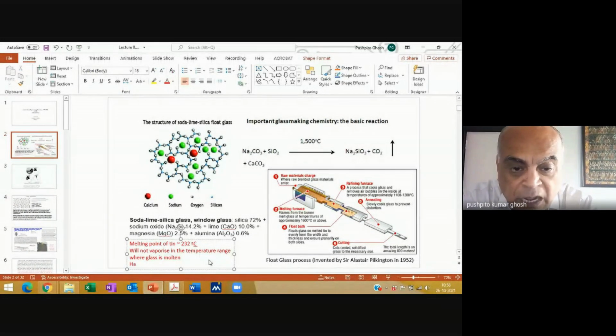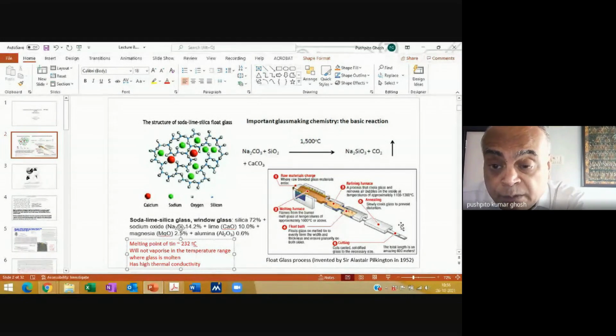Has high thermal conductivity. You need to remove the heat. So the molten tin provides a very good medium for the conduction of the heat, and you're not just dependent on radiative transfer of heat, which will of course take place from the surface of the glass. So these would be the typical properties.